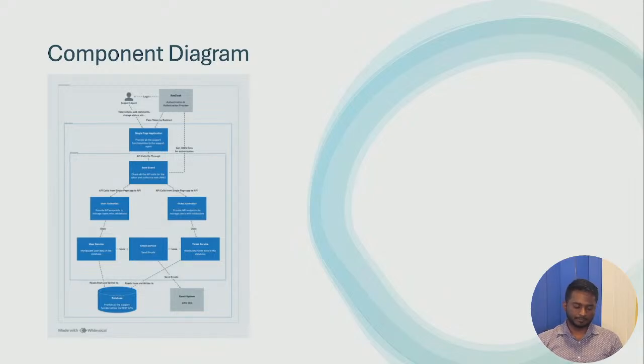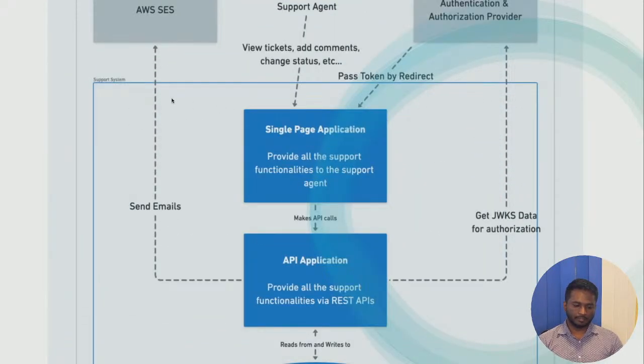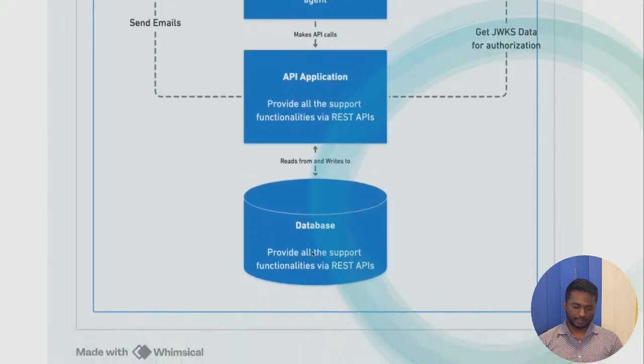Inside here, now we are going to dive into each and every container in the container diagram. In this container diagram, we have a support system, and inside the support system, these are the containers: single page application, API application, and database.